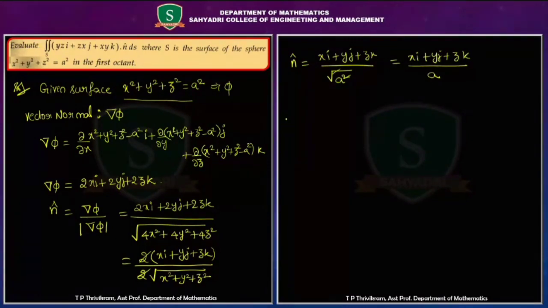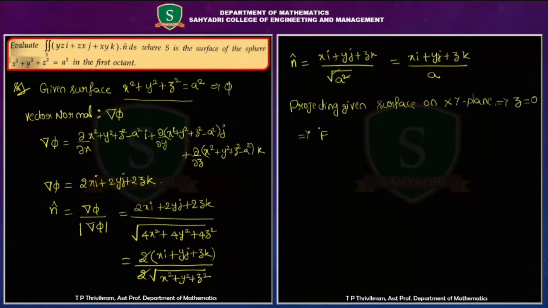So projecting the given surface on the xy plane implies z value will be 0.